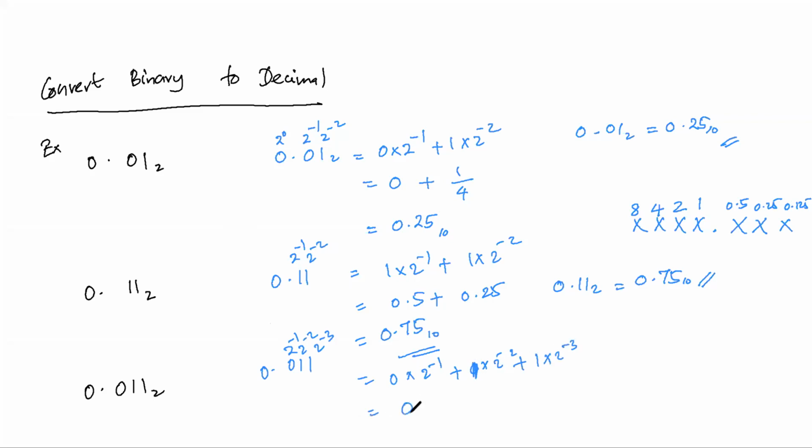So this is 0, plus 0.25, plus 0.125, so that means 0.375. Got the point, right? So the final answer is 0.011 is equal to 0.375. So this is the answer.